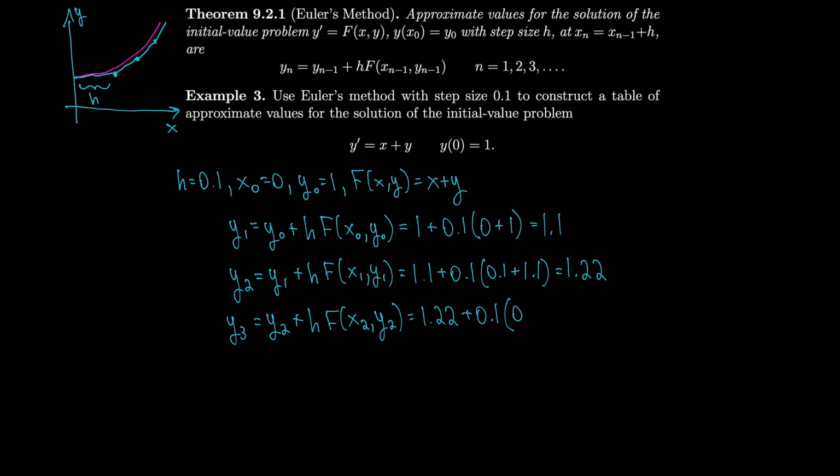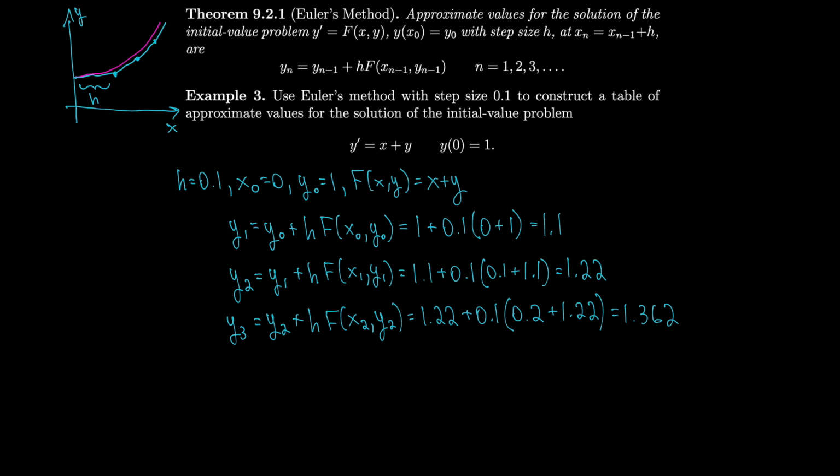The next one will move up another 0.1 because that's what h is doing, and our next value for x would be 0.2. We add that to a y value because that's what our differential equation is telling us to do, and we get 1.362 for y3.